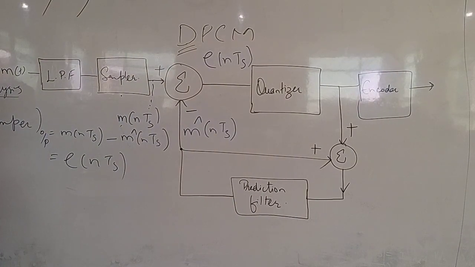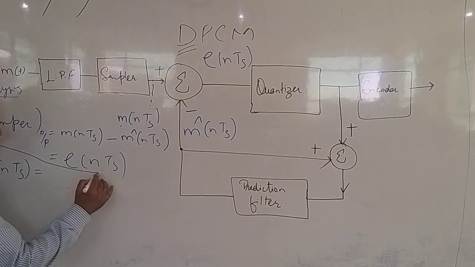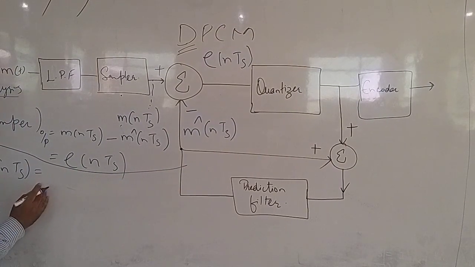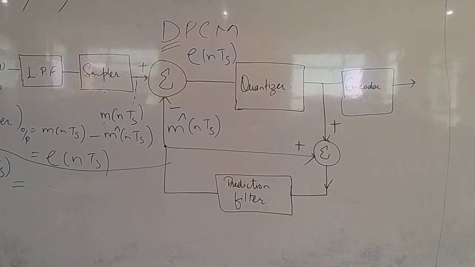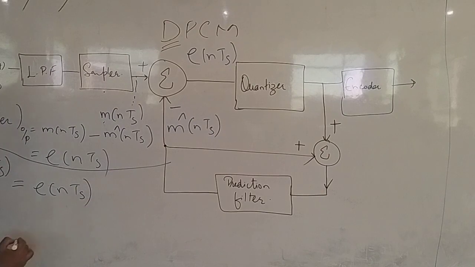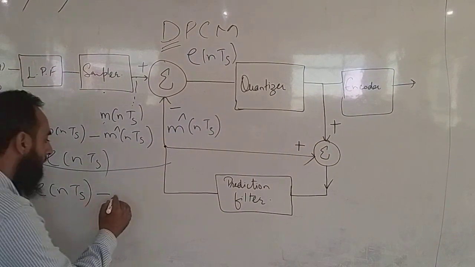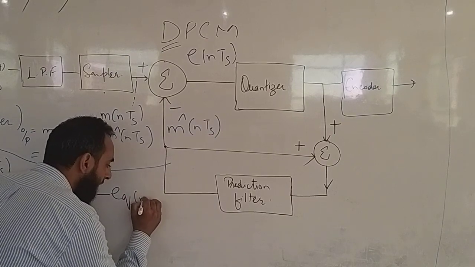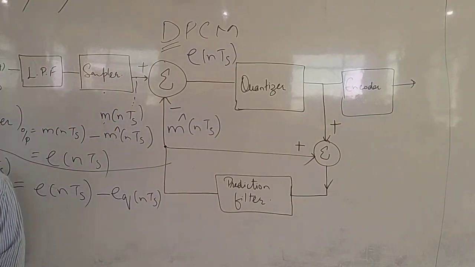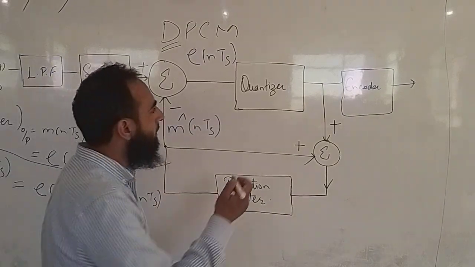Now let Q of NT of S be the value of quantization error, and it is equal to E of NT of S minus EQ of NT of S. What is EQ of NT of S? It is the output of this quantizer.